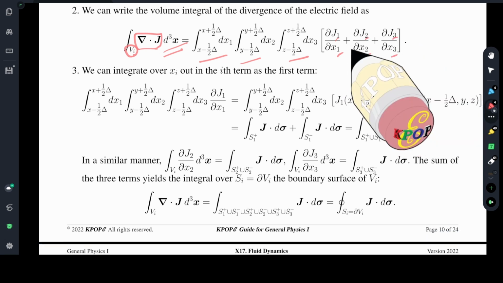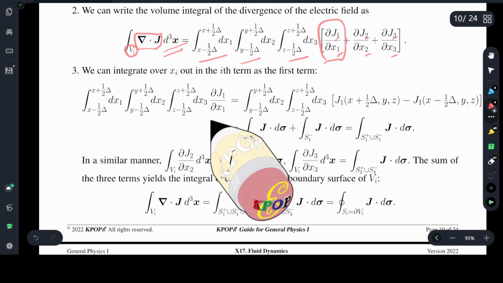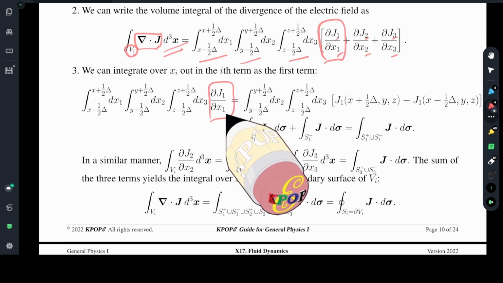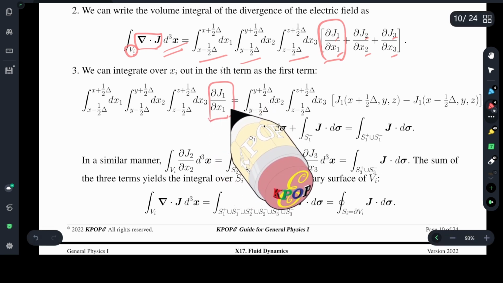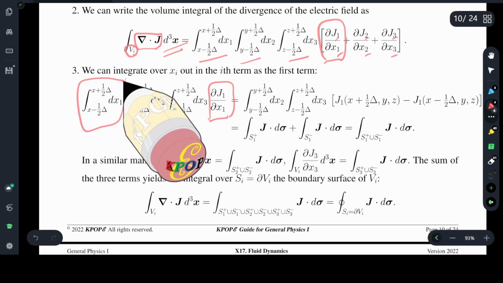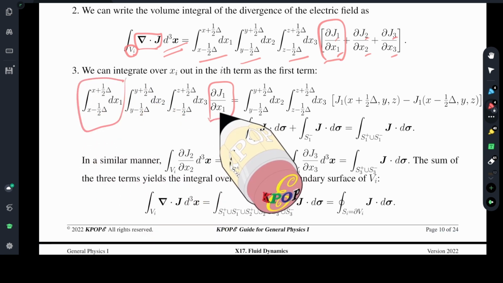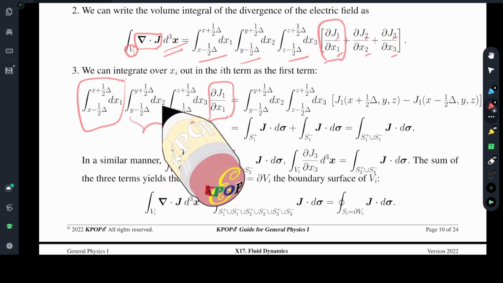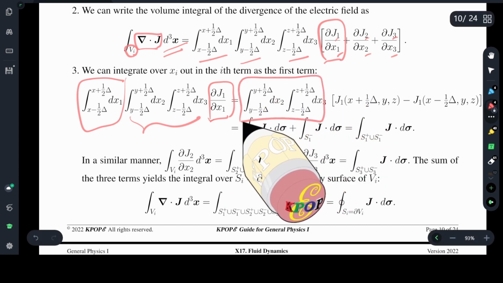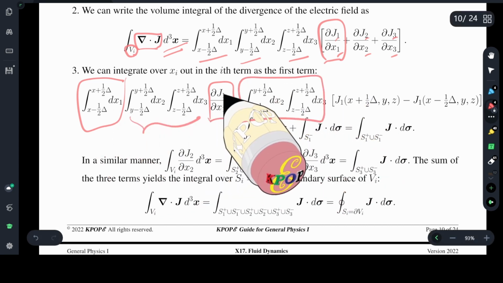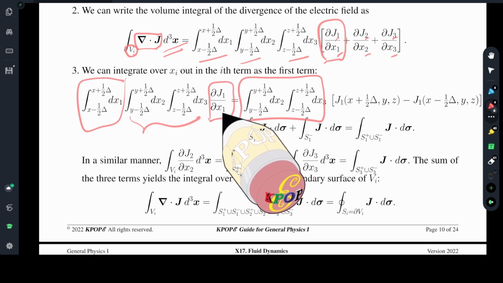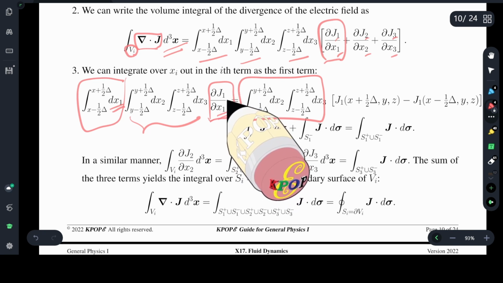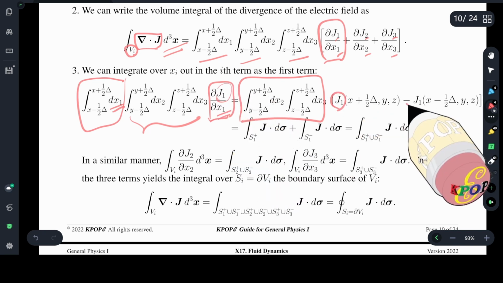If we consider the first term, the derivative of J1 with respect to x1, because it is a derivative, I can integrate over x1. After that, I end up with the two-dimensional integral over the yz plane. The derivative of J1 is integrated over x1, so the answer is J1 exactly.